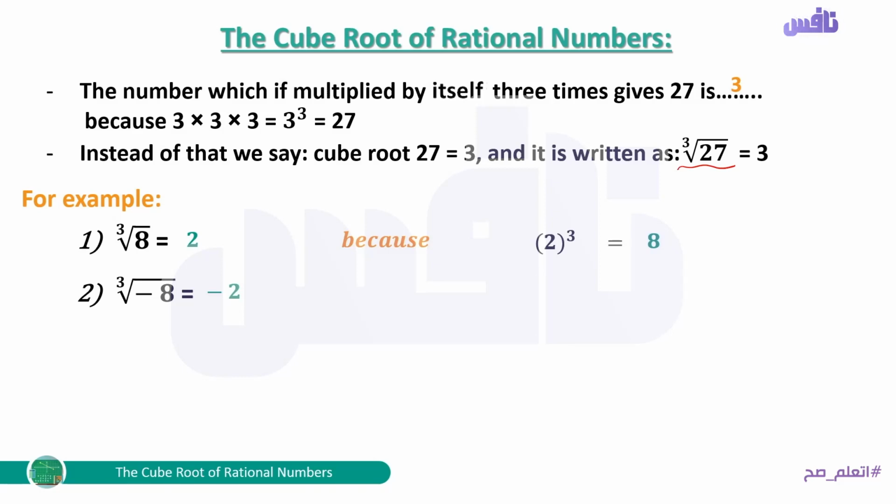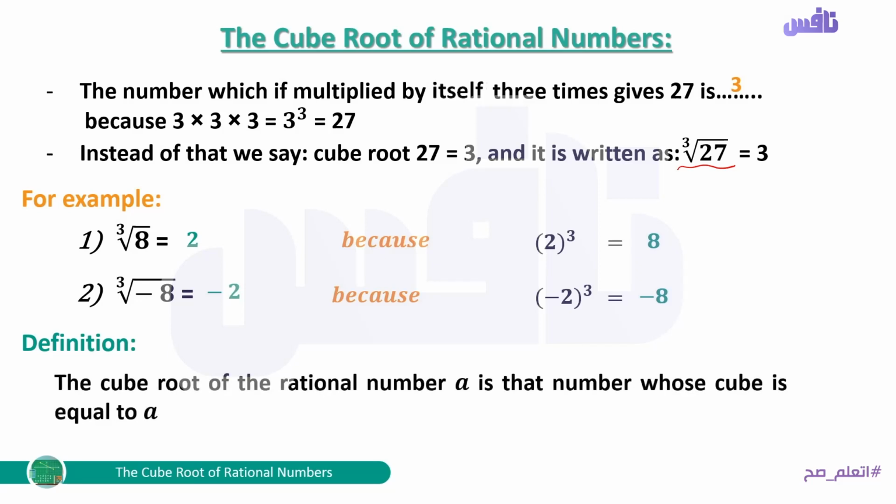Or we can say because negative 2 all to the power of 3 equals negative 8. So the definition of the cube root of a rational number: the cube root of the rational number a is that number whose cube is equal to a.